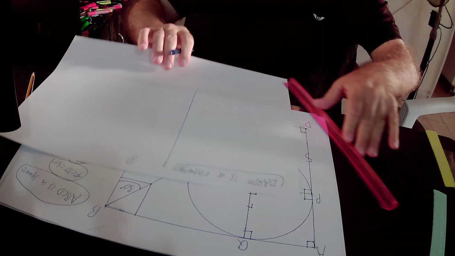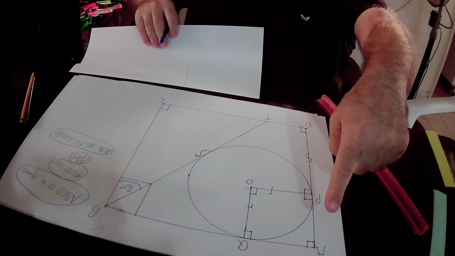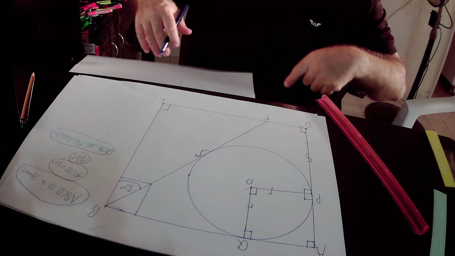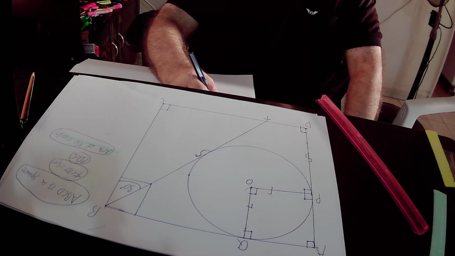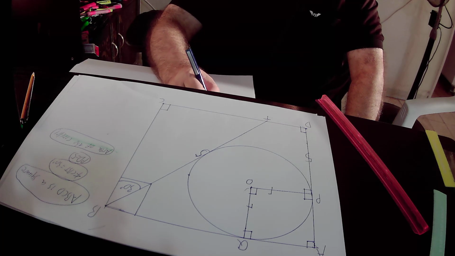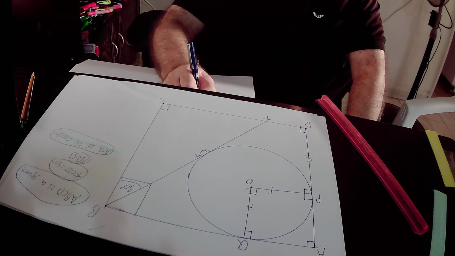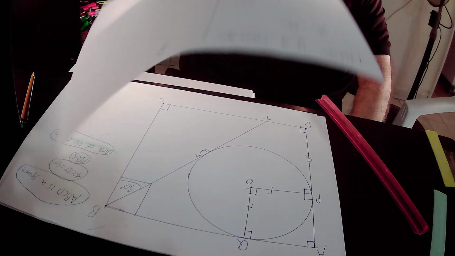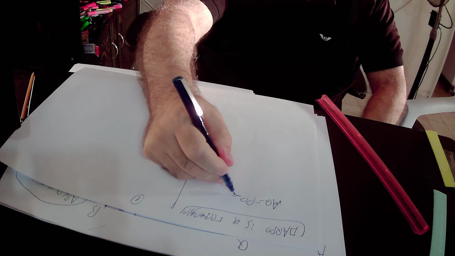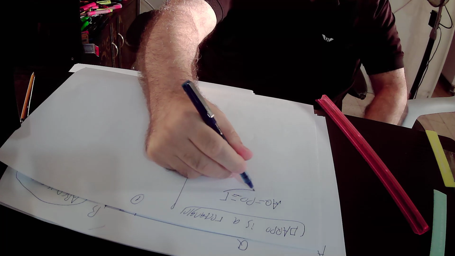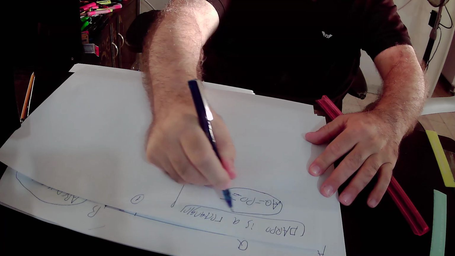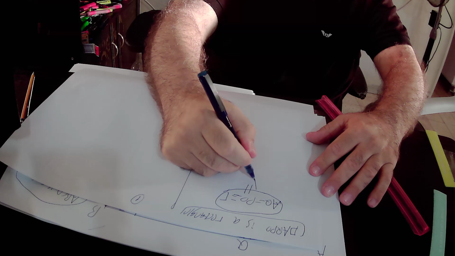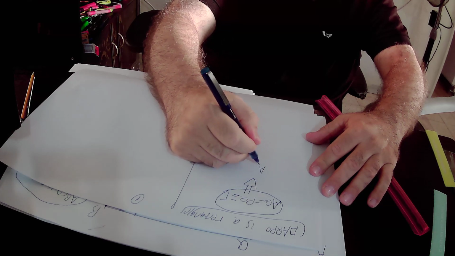That is to say, side AQ equals side PO. But we have already found out that PO equals R. So I can write here that PO equals R. And from the equation AQ equals PO equals R, we derive that AQ is also equal to R.